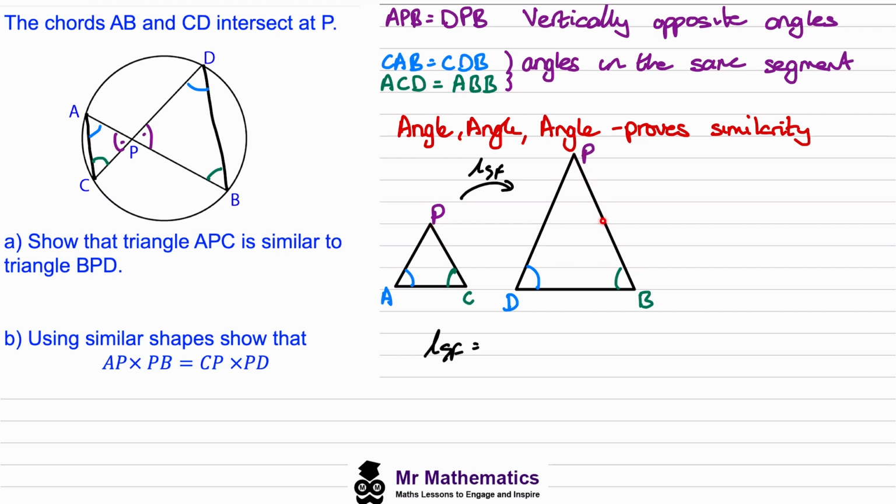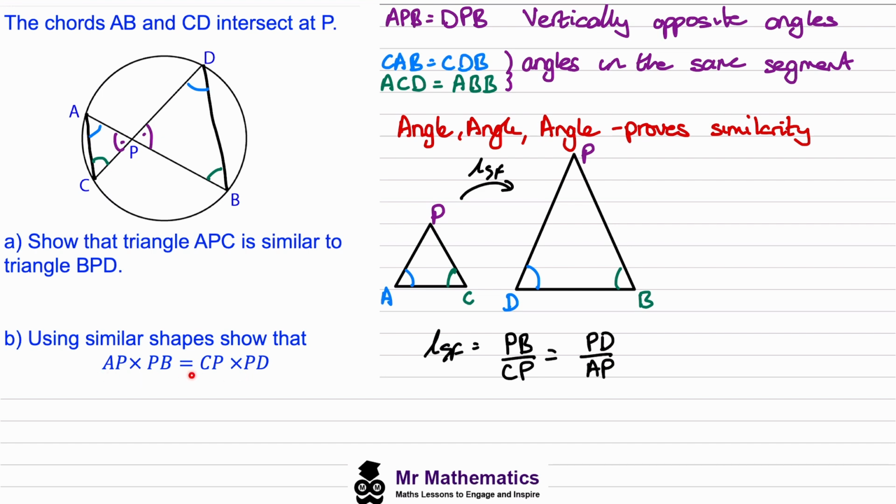So this will be P to B divided by C to P. So PB divided by CP, this will be exactly the same as this length divided by this length. So PD divided by AP.